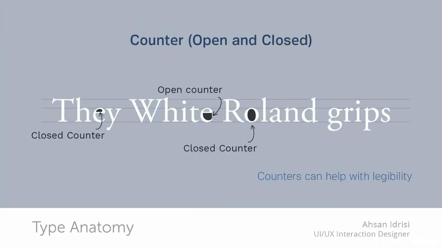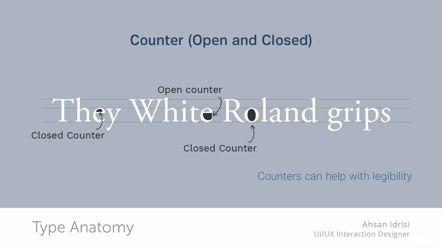Counter is another very big factor in recognizing or legibility of any font or type. There are two types of counter: open and closed. An open counter is the open portion of any letter like this. It is not totally closed from all sides. The space in between this letter E is the open counter.